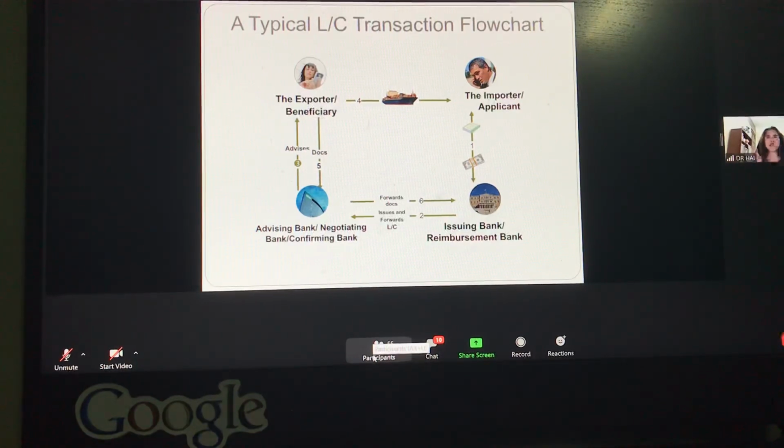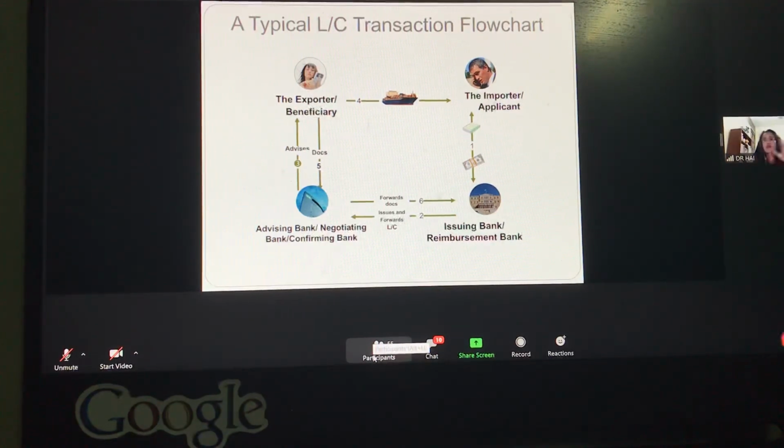And if the transaction stops at step number 6, the negotiating bank faces the risk, especially for negotiation without recourse.